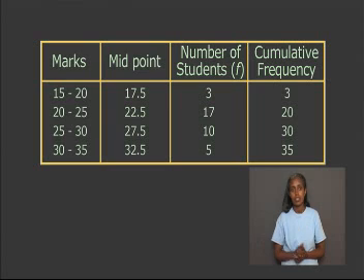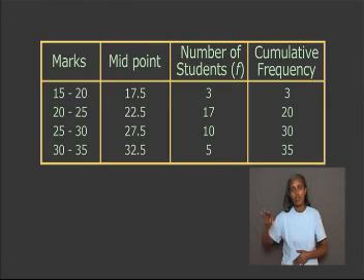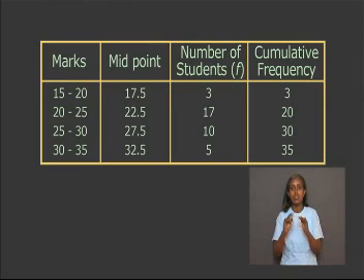In this example, we see a table of students' marks. There is an additional column on the right that shows the cumulative frequency. Cumulative frequency gives us more information on the data as a whole.